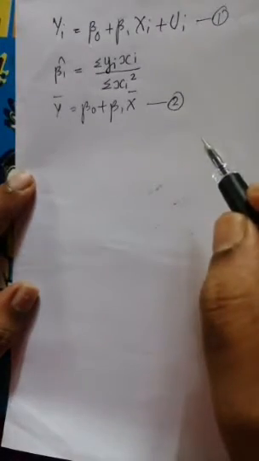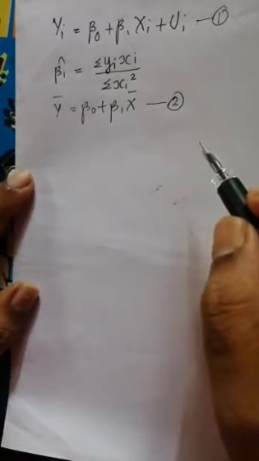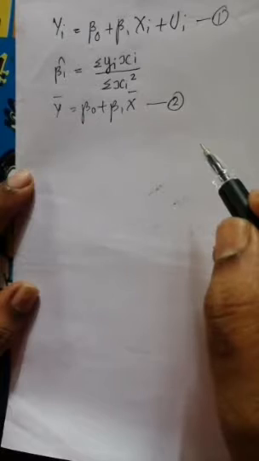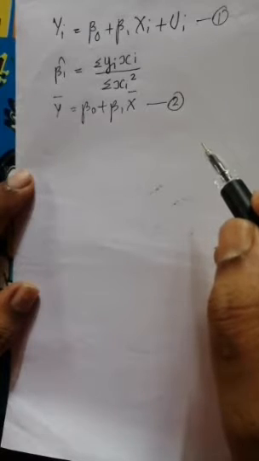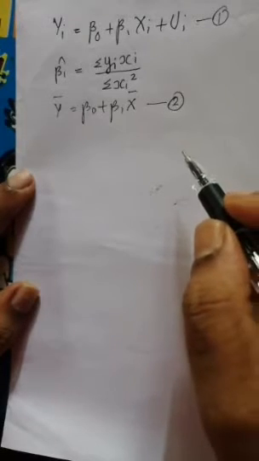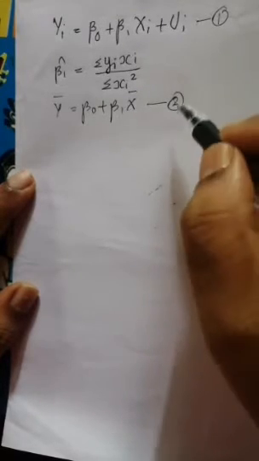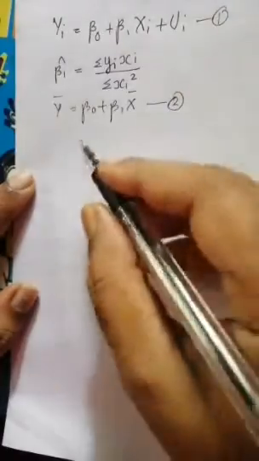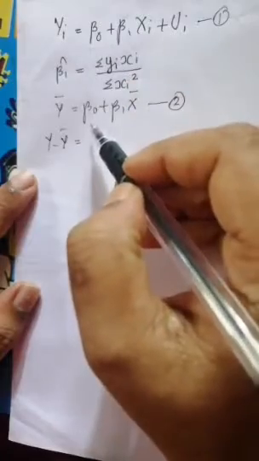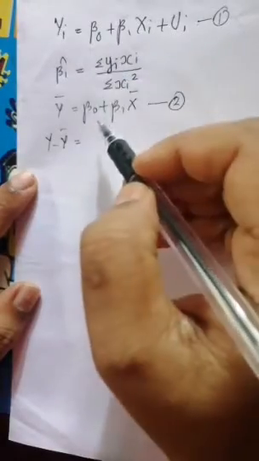Let us find the deviated form, that is, we subtract the mean value from each individual observation. By subtracting equation 2 from equation 1, we will get y minus y bar equal to beta 0 minus beta 0, which is equal to 0. Therefore that term will vanish.